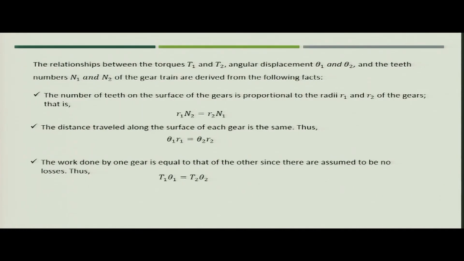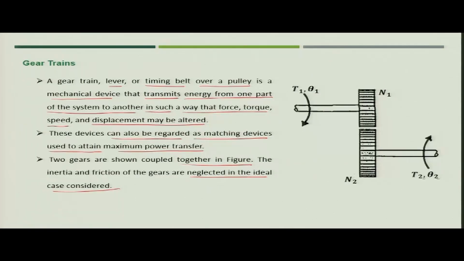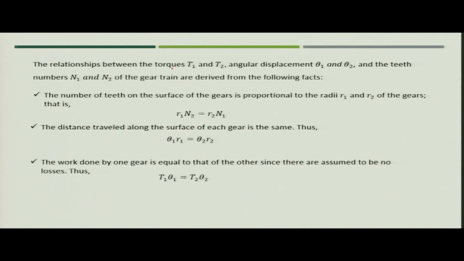Now, how will we create the relationship between T1 and T2? The relationship between torque T1 and T2, angular displacement theta 1 and theta 2, and the teeth numbers in the gears, that is N1 and N2, can be correlated with the following facts.